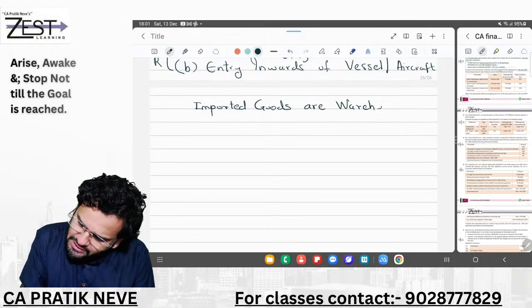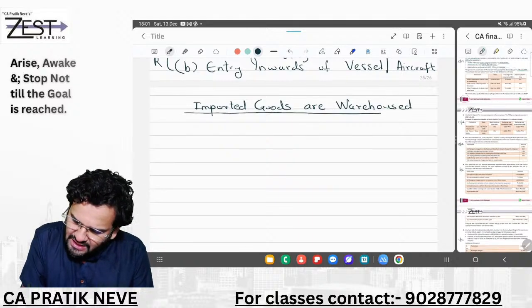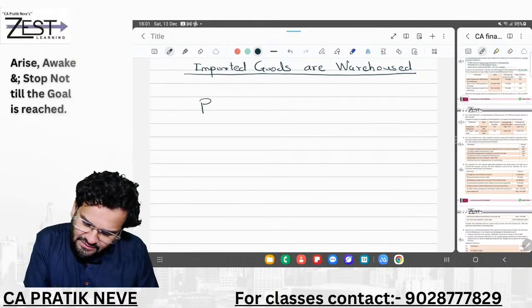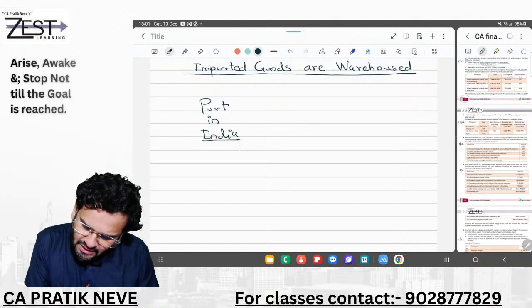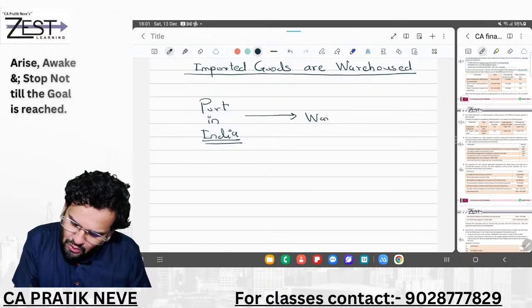Now what to do in such a case? If imported goods are warehoused, first of all, they are reaching the port in India. From the port in India, they are shifted to the warehouse.